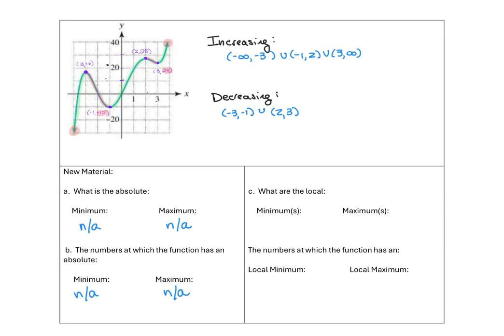And so we have local minimums at negative 10 and 24. All right, the numbers at which the function has a local minimum are going to be our x-coordinates.